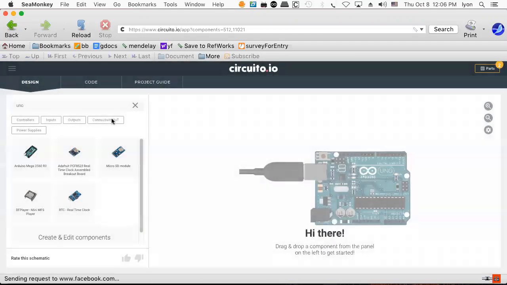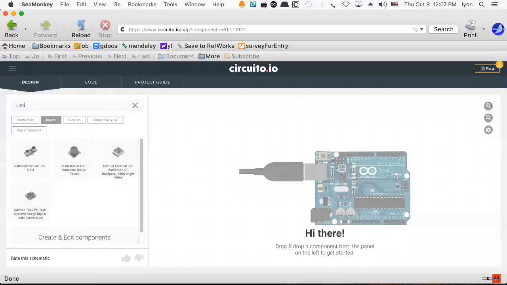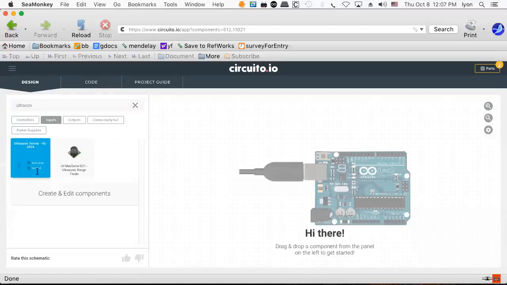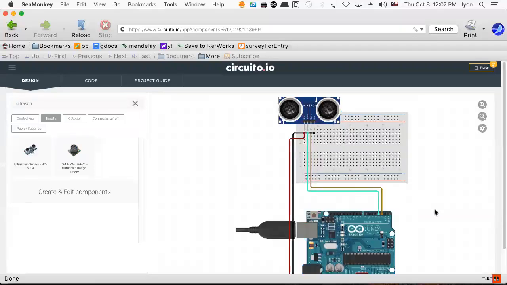Yeah, there it is. Now if you wanted to put in your input device, we've done the ultrasonic sensor. Yep, there it is. Take your ultrasonic sensor and drag it in, and it wires it up.